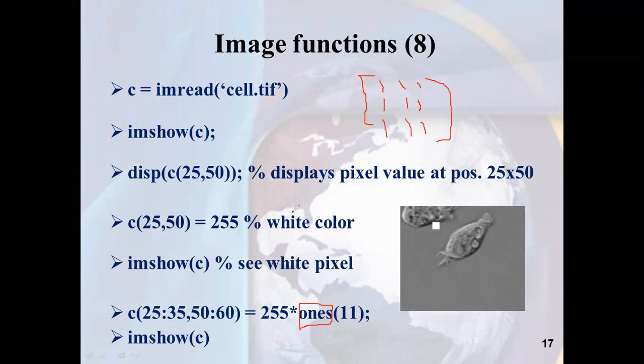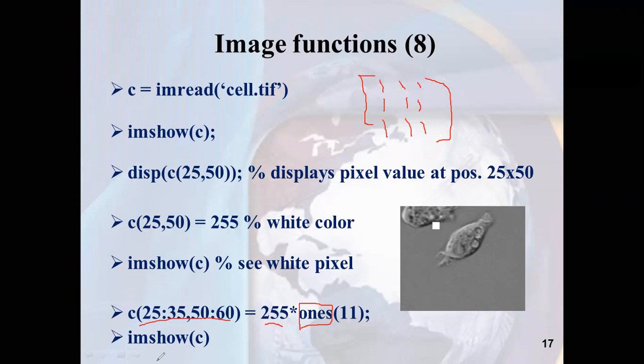So if I use ones(11), it means we have a matrix of dimension 11 by 11, which is the same as this block of submatrix. All the elements are 1. Now, if I multiply by 255, each element becomes 255, because here we multiply the matrix by a scalar number.